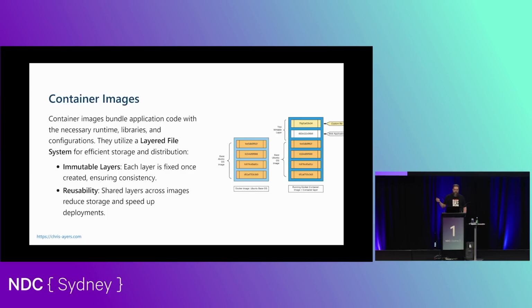So images use a layered file system. And each slice is immutable. It gets a hash. You can actually extract them out as tar files, or kind of like zip files. That's just a collection of files. And what happens is it'll layer them into a directory and mount that as the file system.